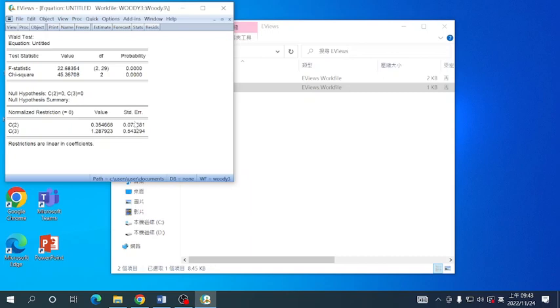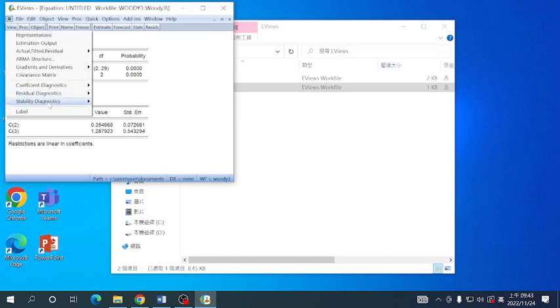From chapter 6 and chapter 7, we will use this view function very often. Look at the view here. There are so many functions here. They are related to things we have to learn this semester.